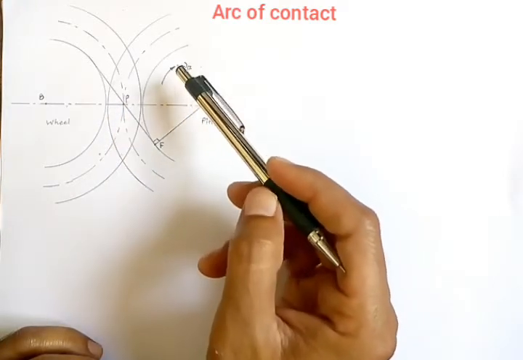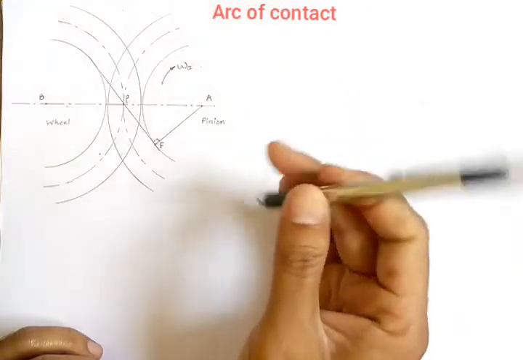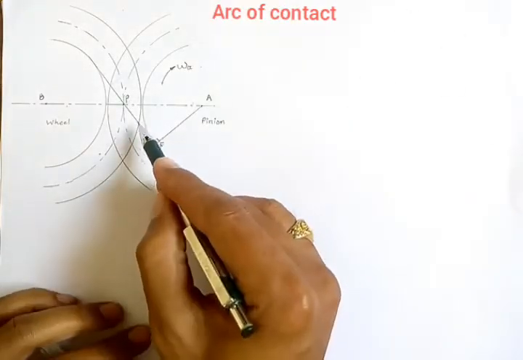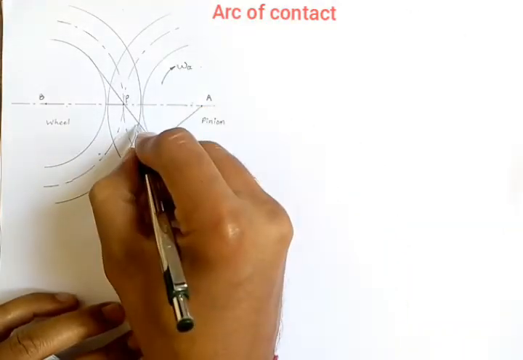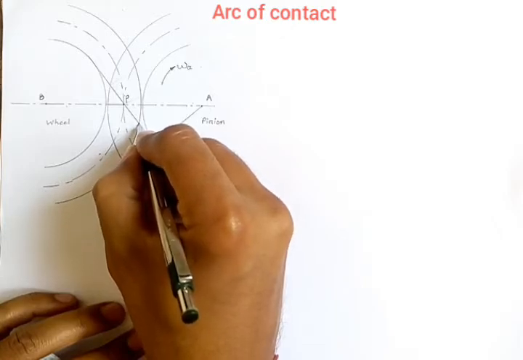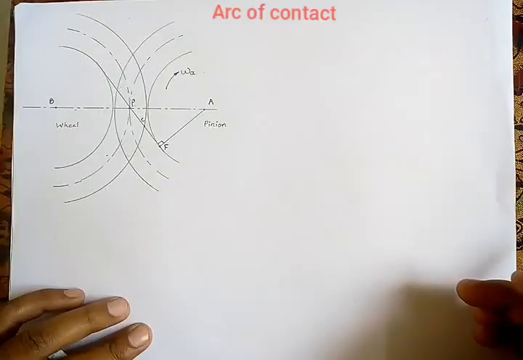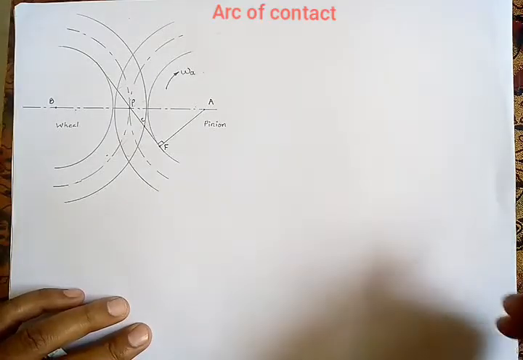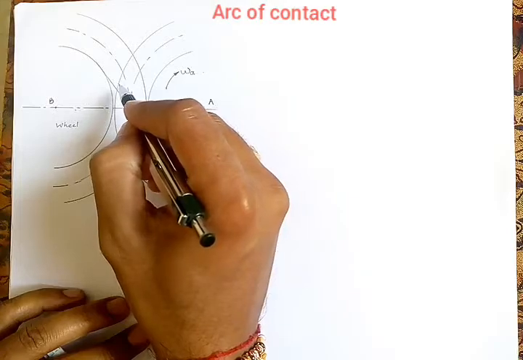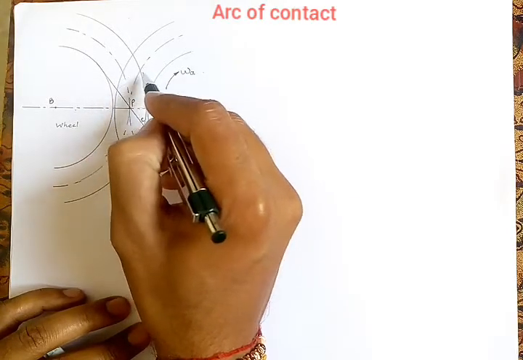So we do know that the contact between two profiles is made when the line of action cuts the addendum circle of the wheel, that is at point C, and the contact between two teeth breaks where the line of action cuts the addendum circle of the pinion.